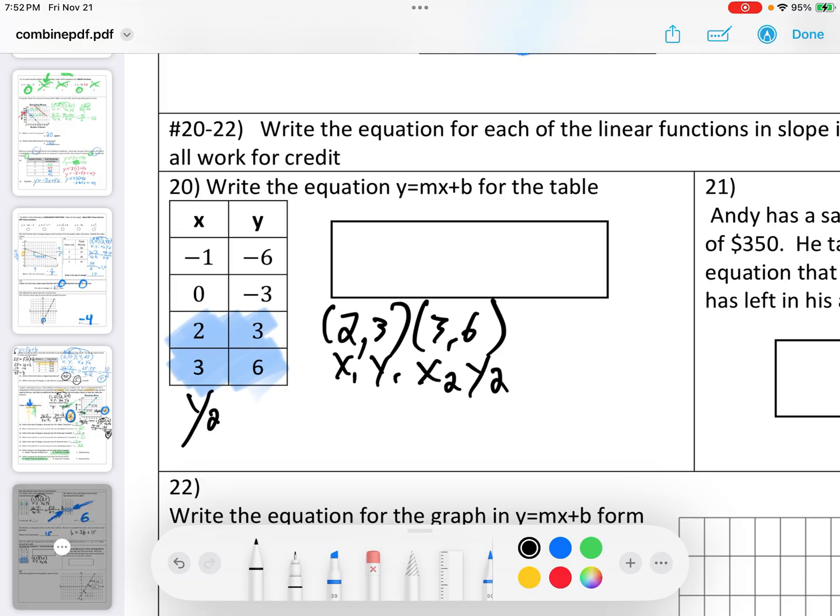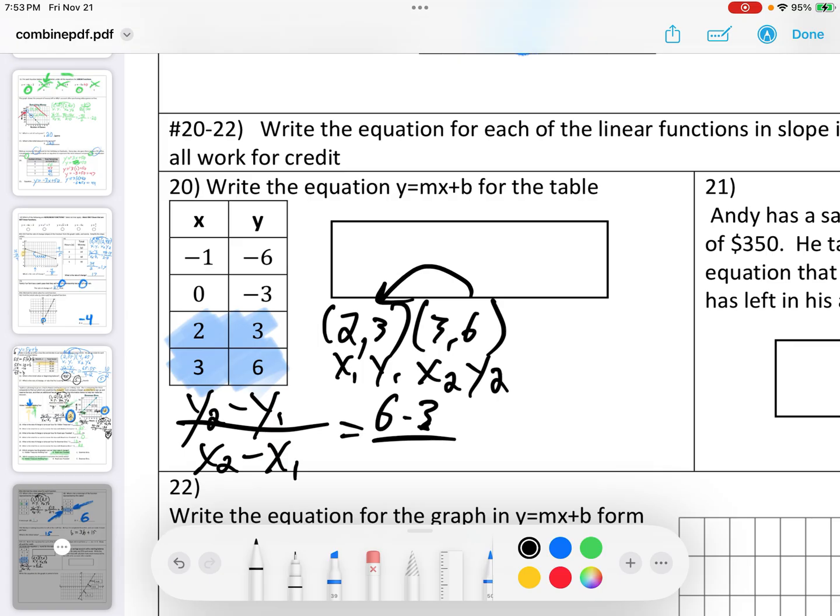All right, I'm writing my formula because I want to make sure I'm ready. Would I mark you down on the test because you didn't do that? Of course not. But I'm doing it. It helps me. It probably will help a lot of you too. 6 minus 3, 3 minus 2. 3 over 1. Okay, slope is 3.